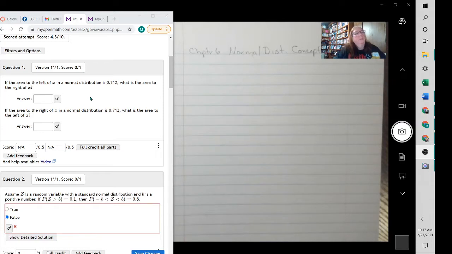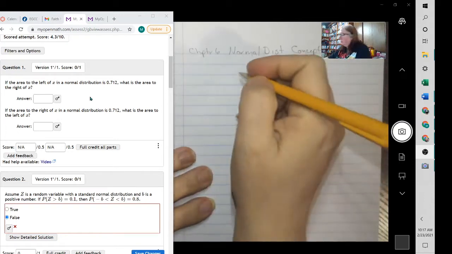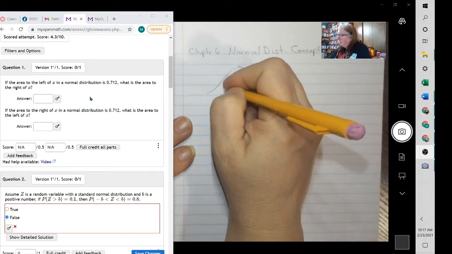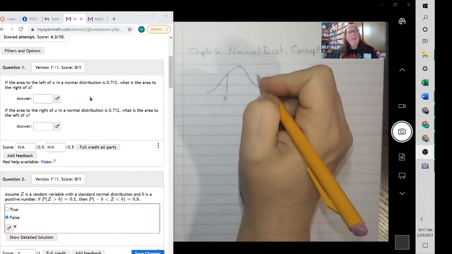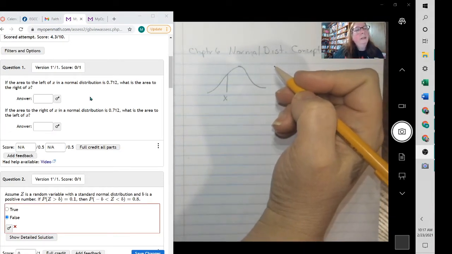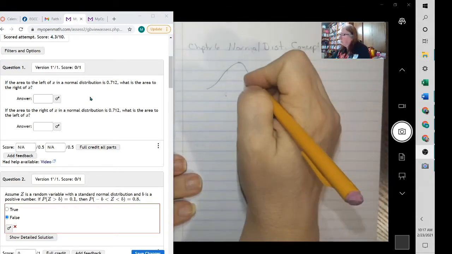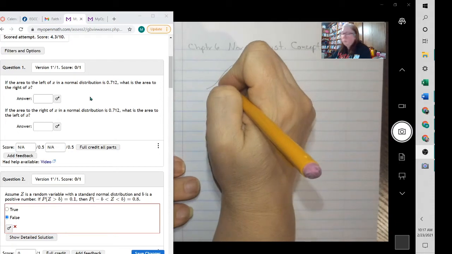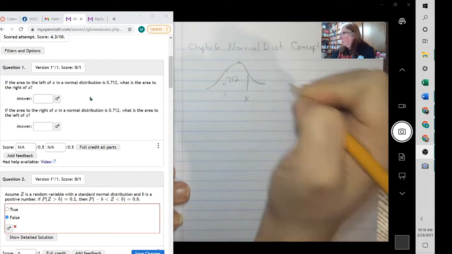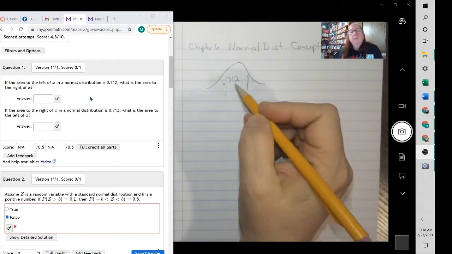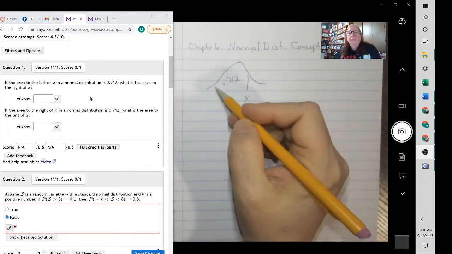Hello, I'm Mrs. J, and today we're going to cover Chapter 6, Normal Distribution Concepts. So if we look at this first one, if we have a normal curve and there's an x, if the area to the left of x is 0.712, then the area to the right under the curve adds up to 1.